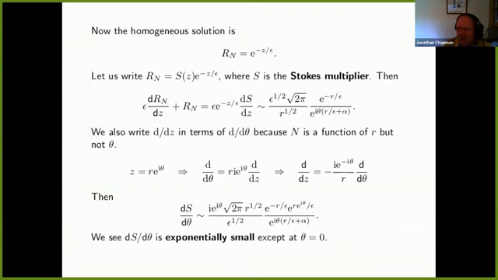And when theta is 0, you find that it's algebraically large. And so whenever you've got a function whose derivative is small, but then suddenly it's large in the vicinity of a particular point, that tells you I've got a boundary layer type problem. And I can solve such an equation via matched asymptotic expansions.